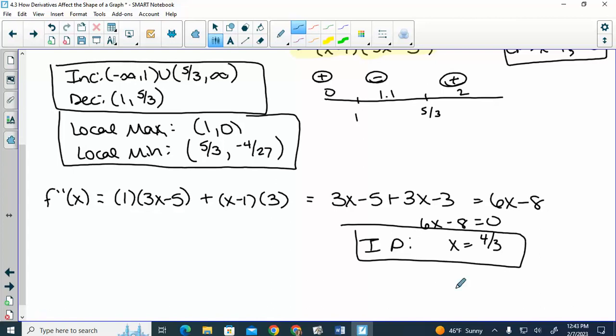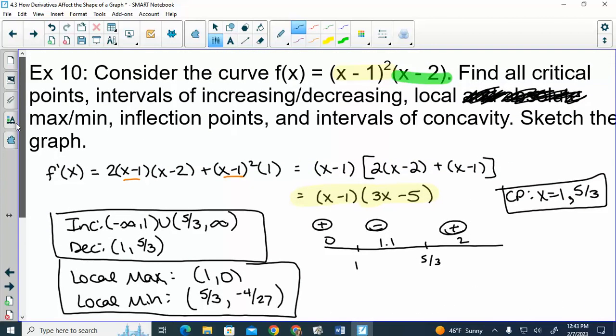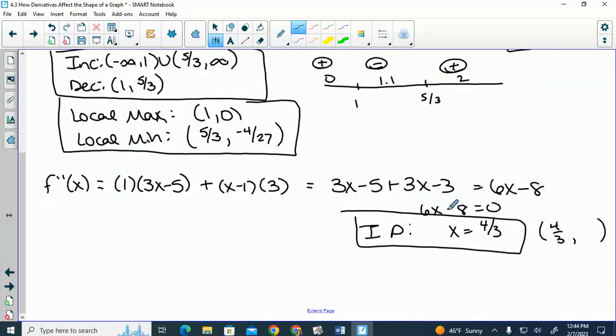Okay. For our inflection point, to actually plot it, we do need the y value. So let's go ahead and get that ordered pair. Again, if you're getting the actual point, you're putting it into the original. So that would be 4 thirds minus 1, 1 third, squared is 1 ninth. So negative 2 over 27.